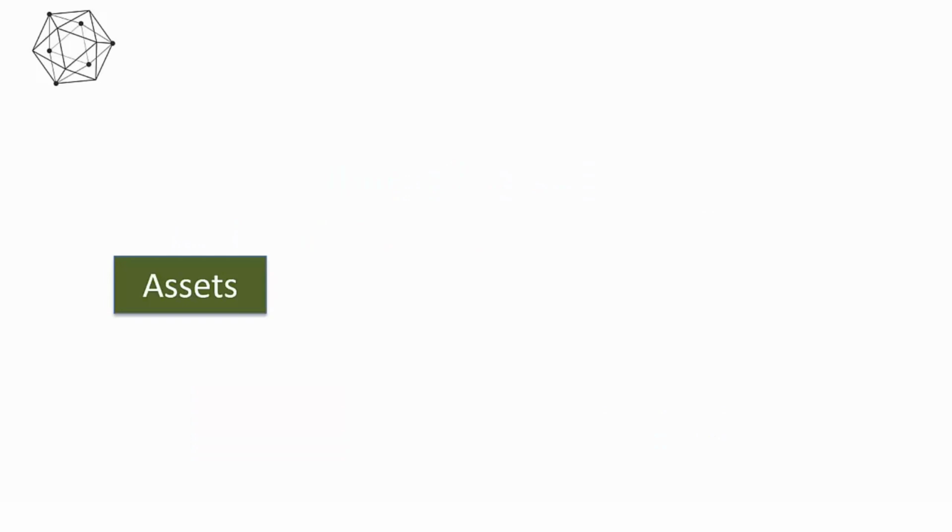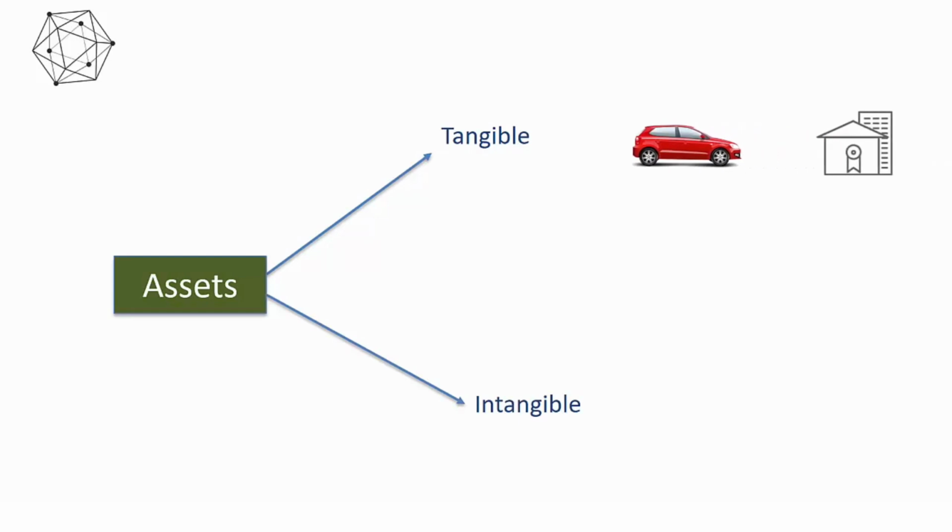Assets can be tangible, that is, they are things that you can touch and feel in physical world, or the assets may be intangible. For example, a car is a tangible asset, a home is a tangible asset, whereas stock ownership certificate and customer reward points are intangible assets. Now that you know what an asset is, let's talk about the exchange aspect of the asset.